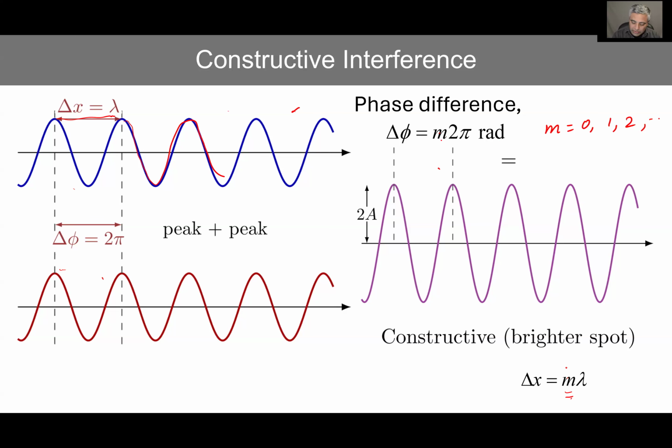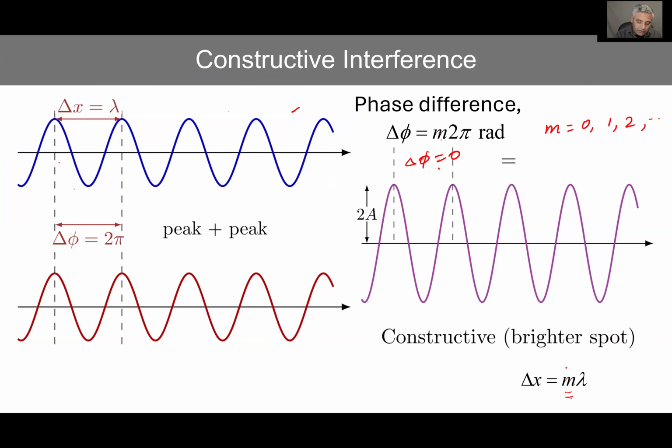So m equal to 0 means phase difference is 0. And if I look at this point and this point of these two waves, that means phase difference is 0. Okay. And we can have phase difference between 2 points of 2 waves or the same wave. So for example, we can look at the same wave.